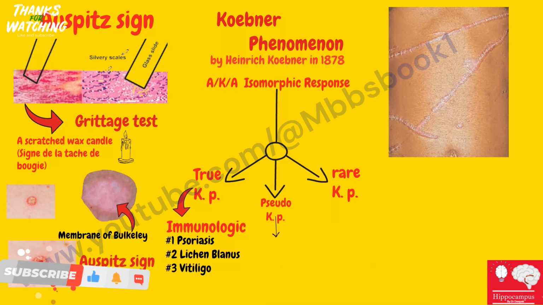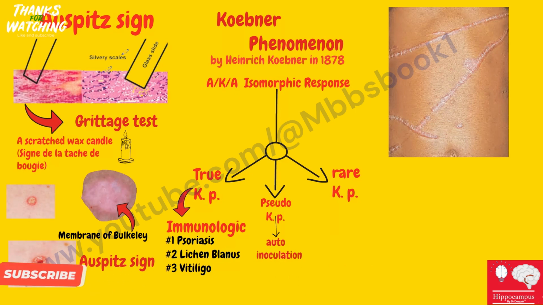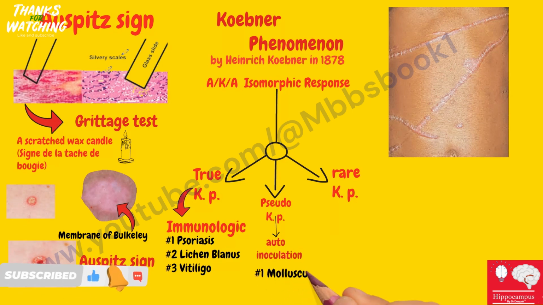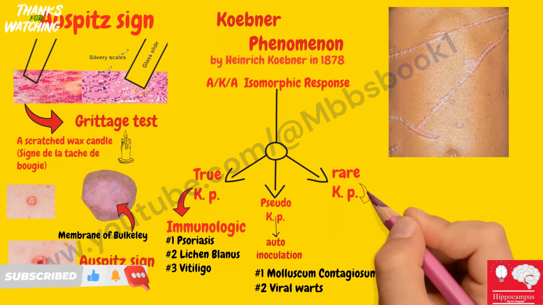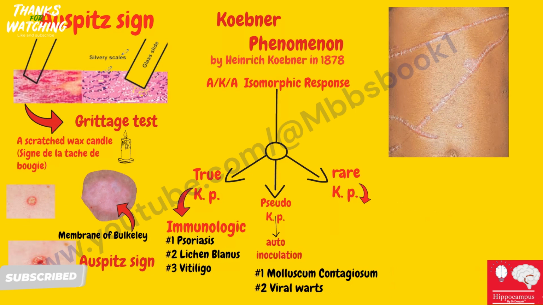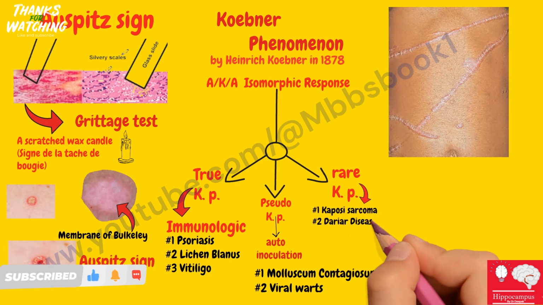Pseudo Koebner's phenomenon happens because of autoinoculation, and it happens because of viral infections. The two important examples to remember here are number one, molluscum contagiosum, and number two, viral warts. And the last is the rare causes of Koebner's phenomenon. Number one, Kaposi sarcoma, and number two, Darier's disease.